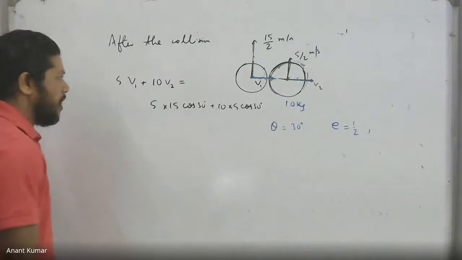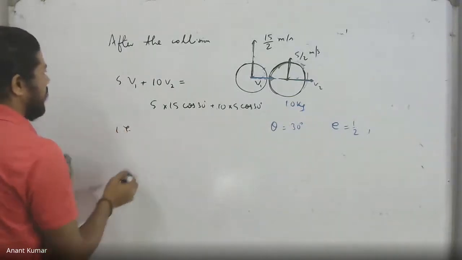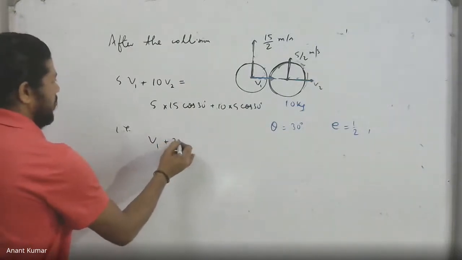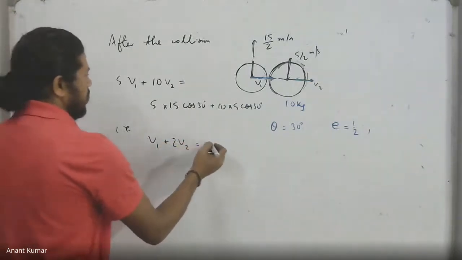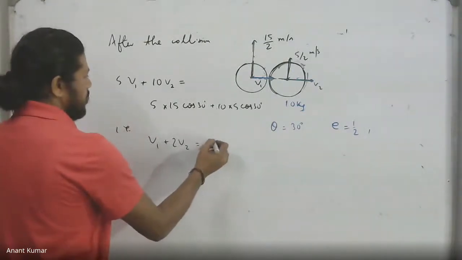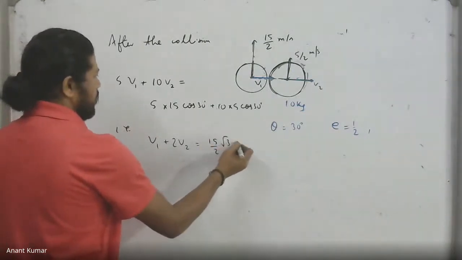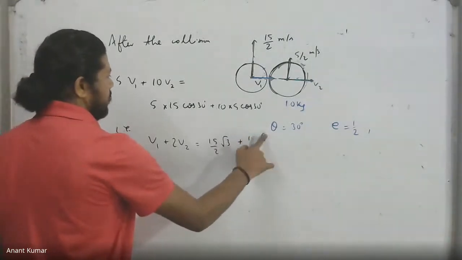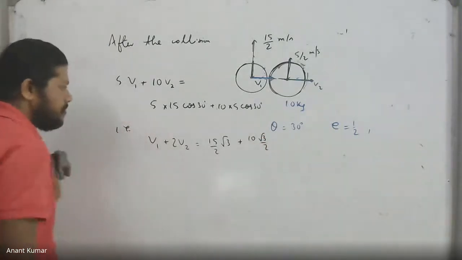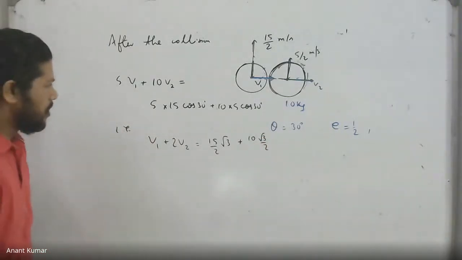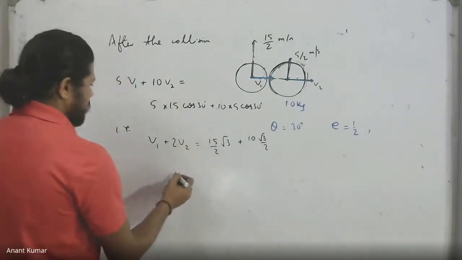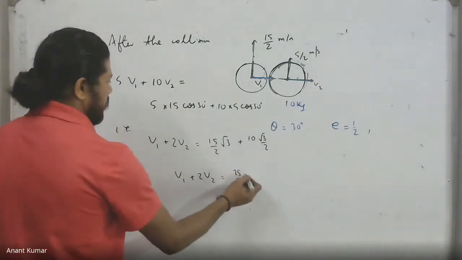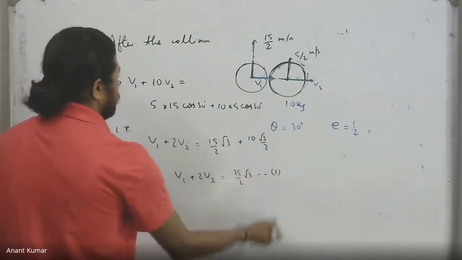This equation should be valid. You could simplify it. 5 can be cancelled throughout. So I get V1 plus 2V2 equal to 15 cos 30 plus 10 cos 30, which is 25 by 2 root 3. That's the first equation I've got.